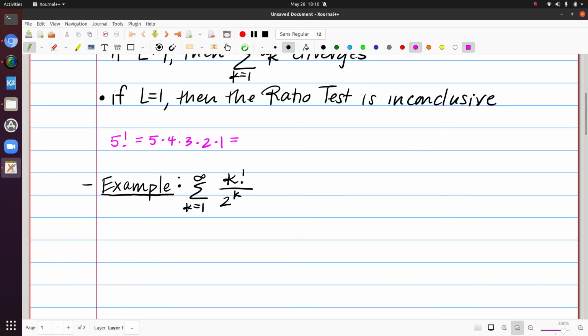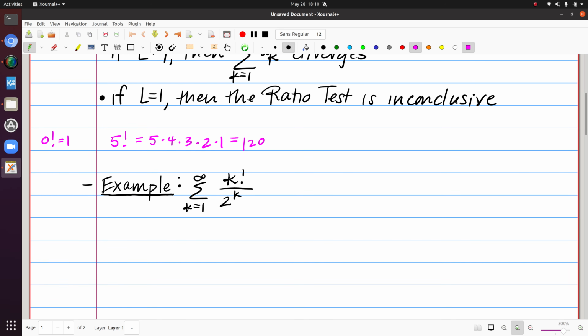So for 5 factorial, we would get 2 times 3 is 6, 6 times 4 is 24, and then 5 times 24 is 120. So when you have a factorial, you take every whole number from the one that you are next to the exclamation point, multiplied by every whole number down to 1. The other thing is just we define 0 factorial to be 1.